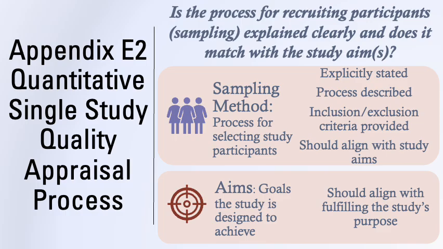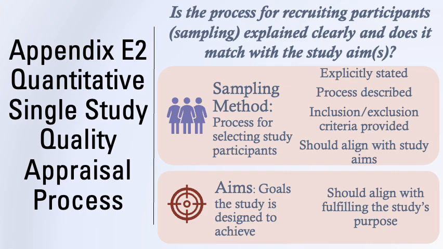Common methods you will see referred to are simple random samples, convenience samples, systematic samples, and cluster samples. If the authors are working with a population that is hard to access or a rare disease or condition, snowball sampling would be appropriate. Ultimately, the sampling method used should align with the study's aims.